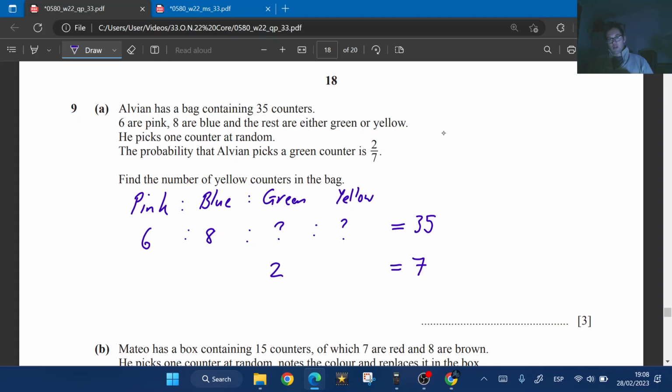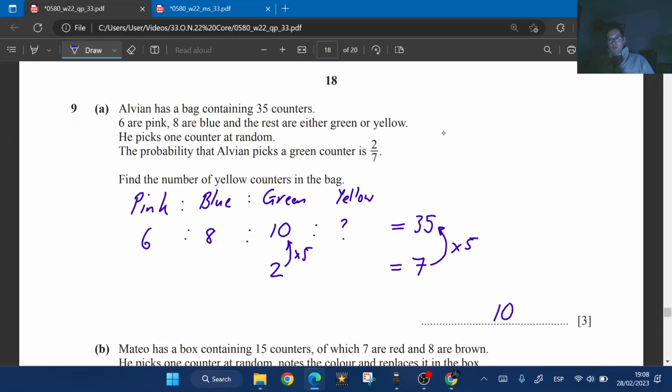So what that means is that to go from 7 to there, we need to times it by 5. 7 times 5. So there's 5 times more than this ratio shows us. So we're going to do the same over here. We're going to times this by 5. And now we know it must be 10 green counters. Yeah? So 10 it is.